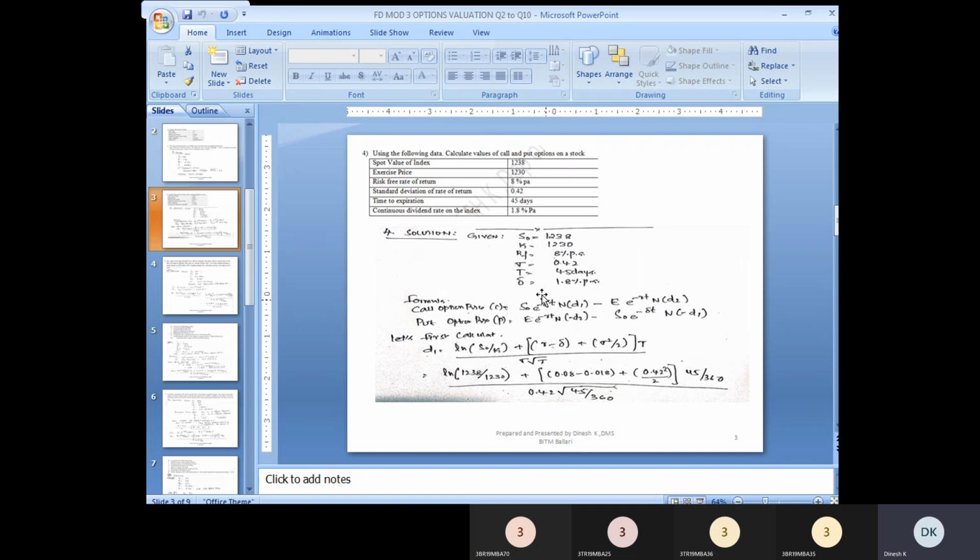Then minus S naught, 1238, multiplied by exponential to the power of minus delta t, where delta is 0.018 multiplied by 45 divided by 360, multiplied by N of minus d1, 0.4247. So this is the standard way of substitution. Simplify that, and you will get the put option price.